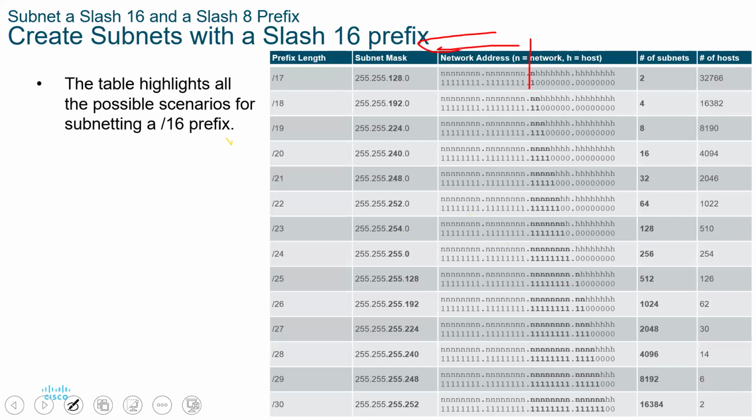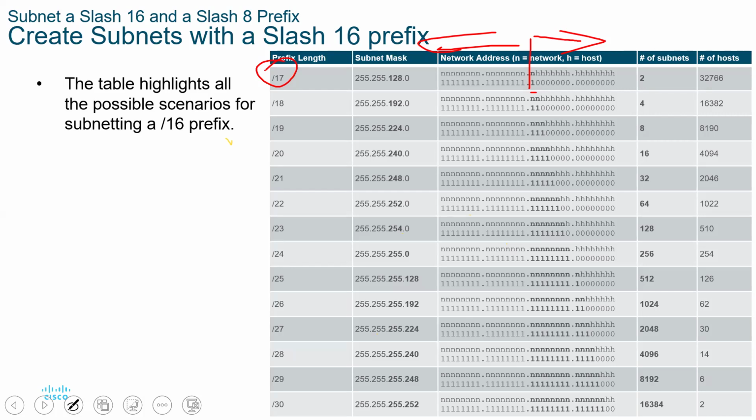All right. So we're going to look at the remaining, and we're going to be seeing how many bits are being borrowed. Okay, so you see in this first segment, how many bits are borrowed? 1 bit is borrowed. And if 1 bit is borrowed, it becomes /17 because we're looking at /16. So 1 bit is borrowed, you add it to the main block, so make it 17.